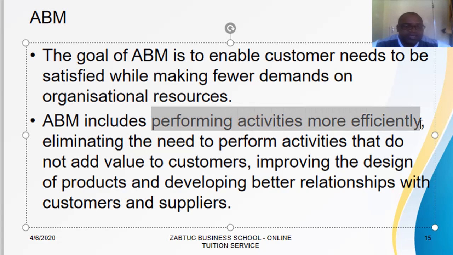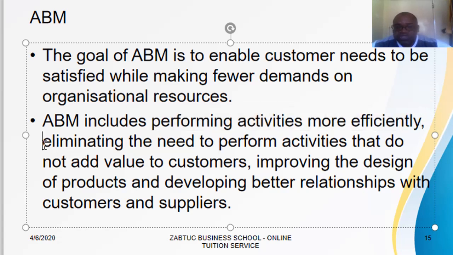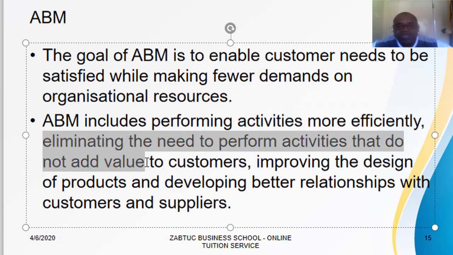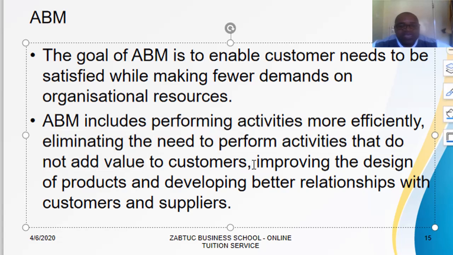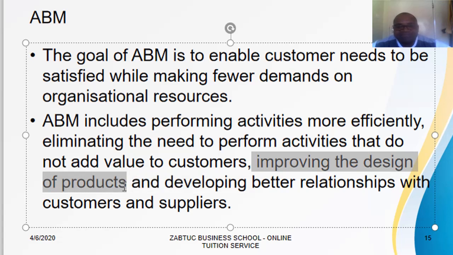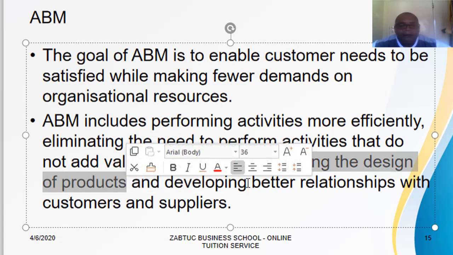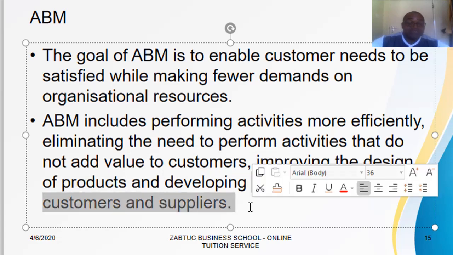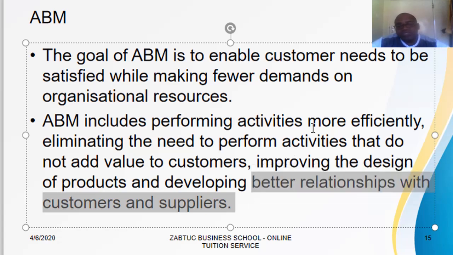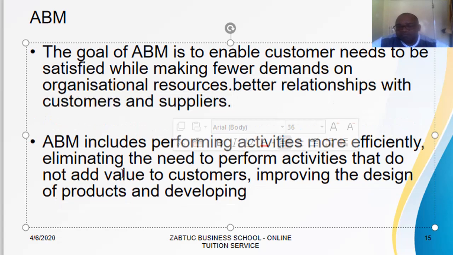Number two, note the concept of eliminating the need to perform activities that do not add value to customers. Number three is the fact that we can improve our product designs and also develop a better relationship with customers and suppliers. Now, these four, when you put them together, are what will help organizations improve what? Our profitability.